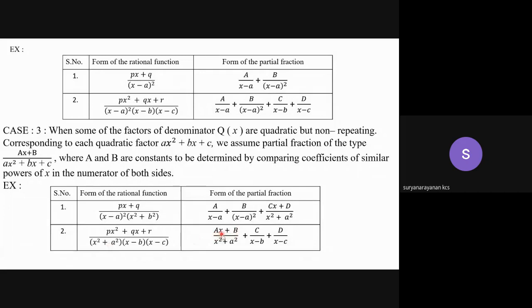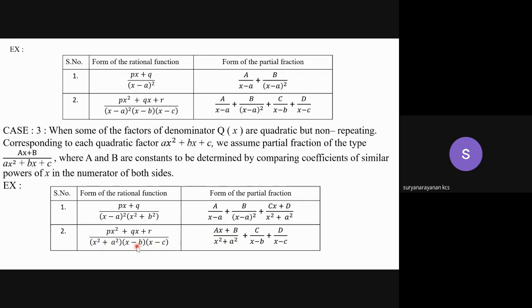So corresponding to this irreducible quadratic polynomial, we wrote one partial fraction. See the second box, (ax plus b) by (x square plus a square). Now come to the next factor. Which type of factor is this one? Non-repeated linear factor. Yes or no? The second factor, x minus b, is a non-repeated linear factor.